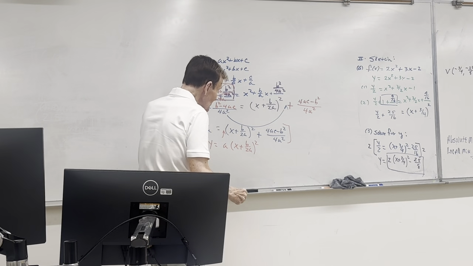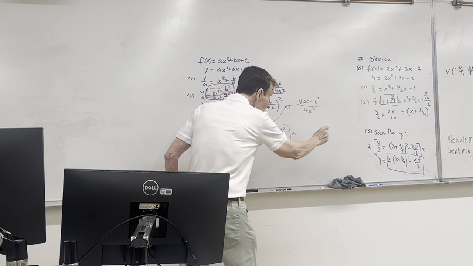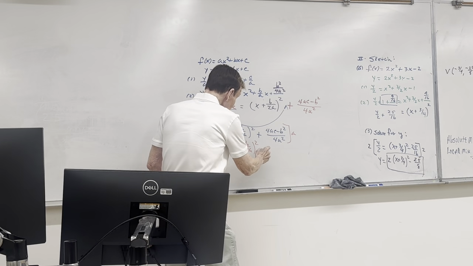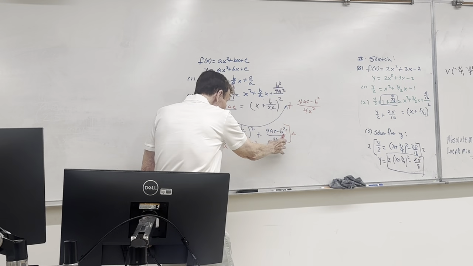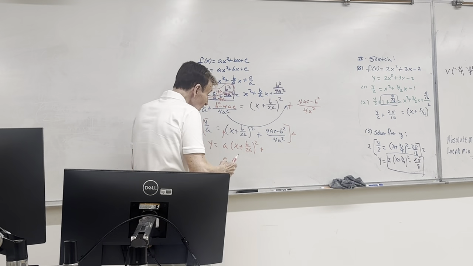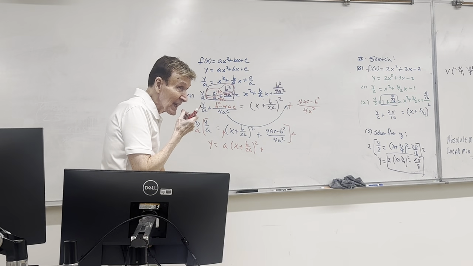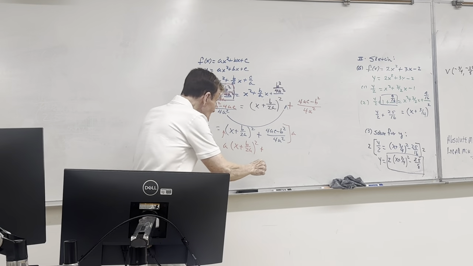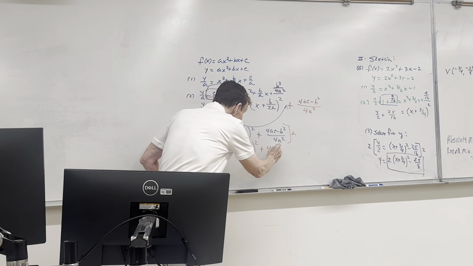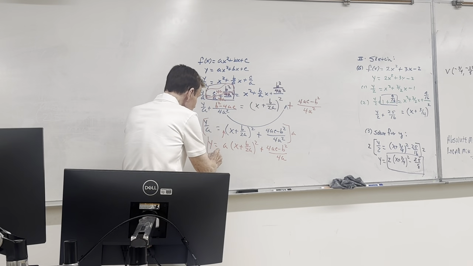Multiply by a down here. Can anyone tell me the full effect on the last term, which is awkward, if I multiply by an a and do a little canceling? That would be 4c minus b squared over 4a. Oh my goodness.